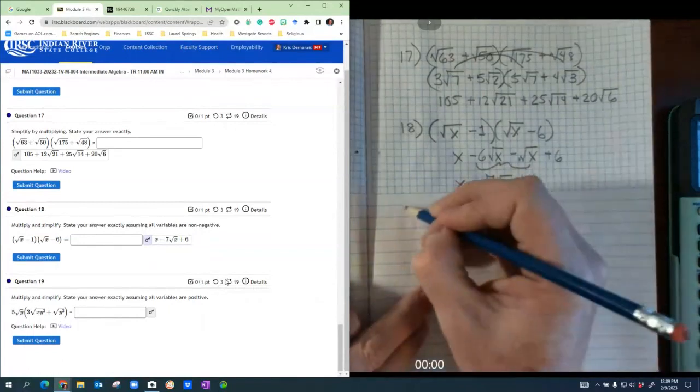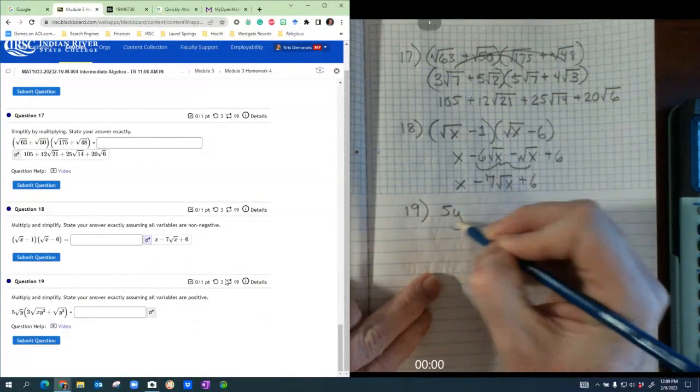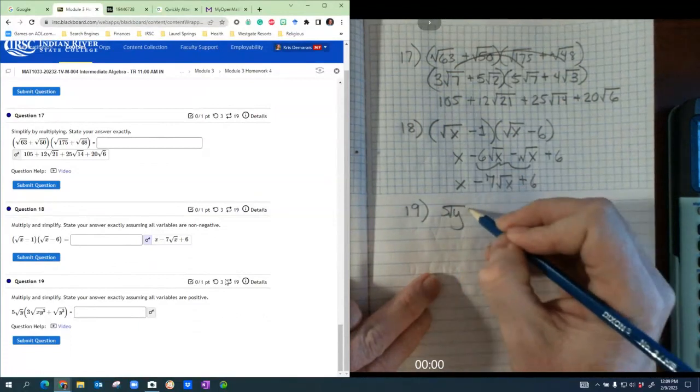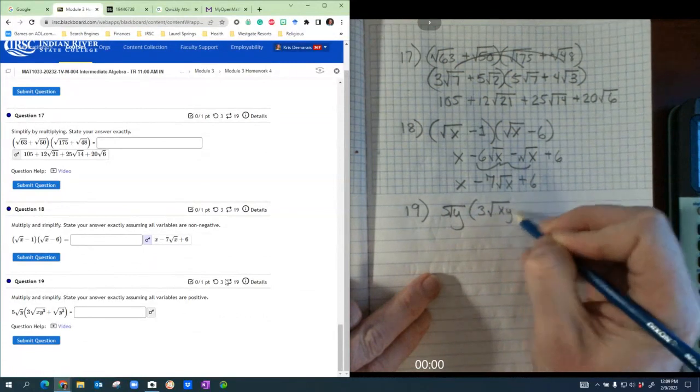And the last and final question for today, right? We have 5 radical y times 3 radical x y cubed.